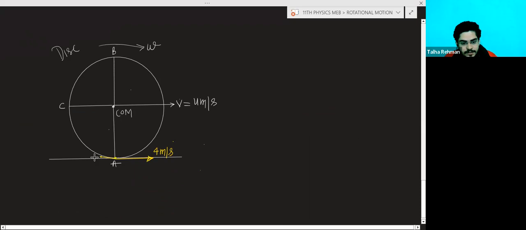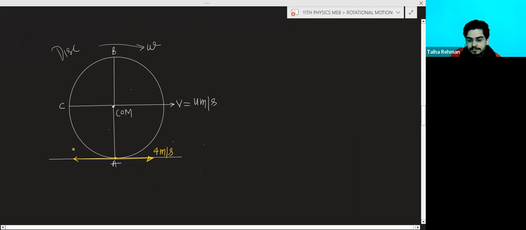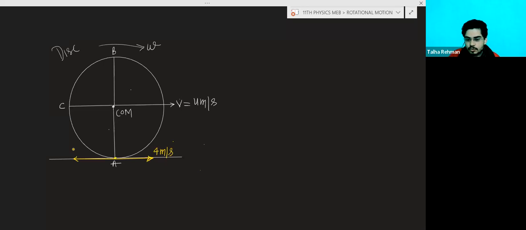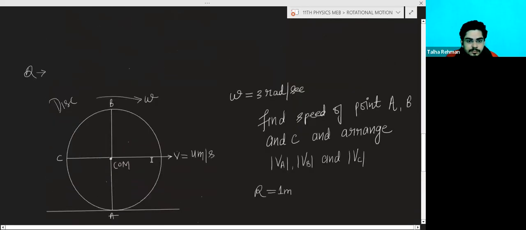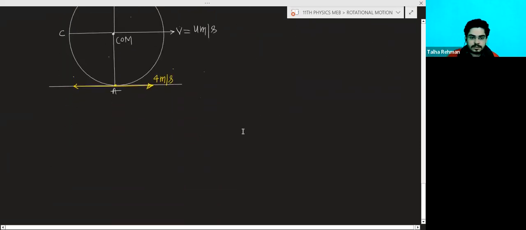At point A, there will be one tangential velocity in this direction, and that will be r omega. R is 1, omega is 3, so 1 into 3 will be 3 meter per second.